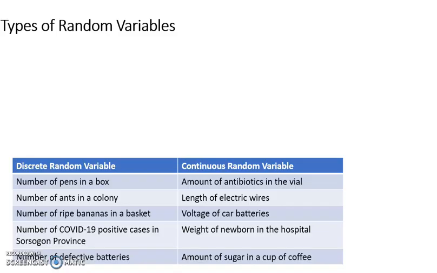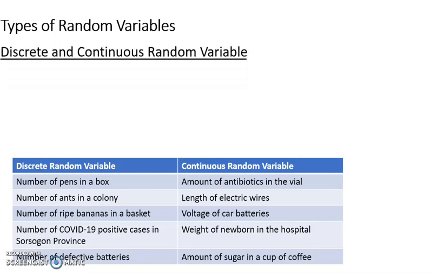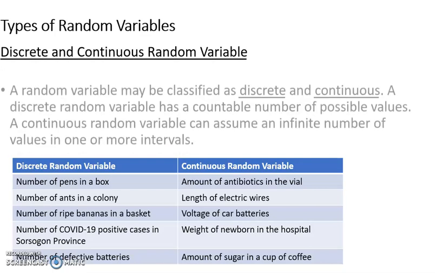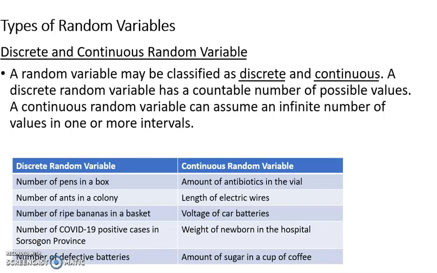Now let's have the types of random variables. There are two types, the discrete and the continuous random variable. A random variable may be classified as discrete and continuous.